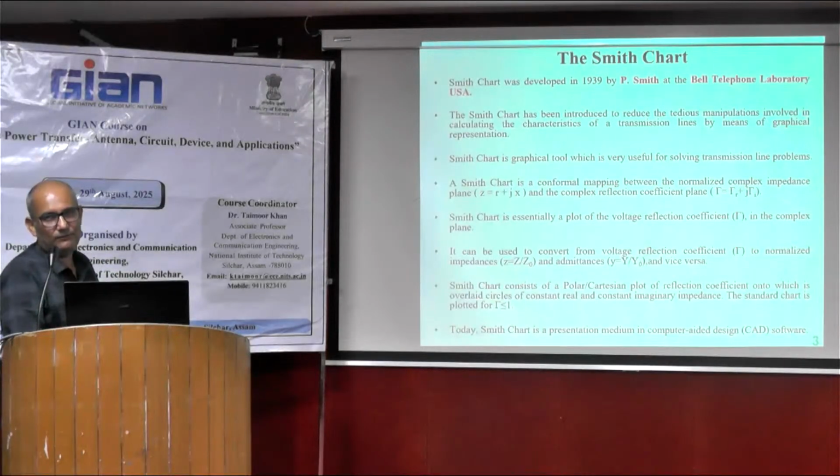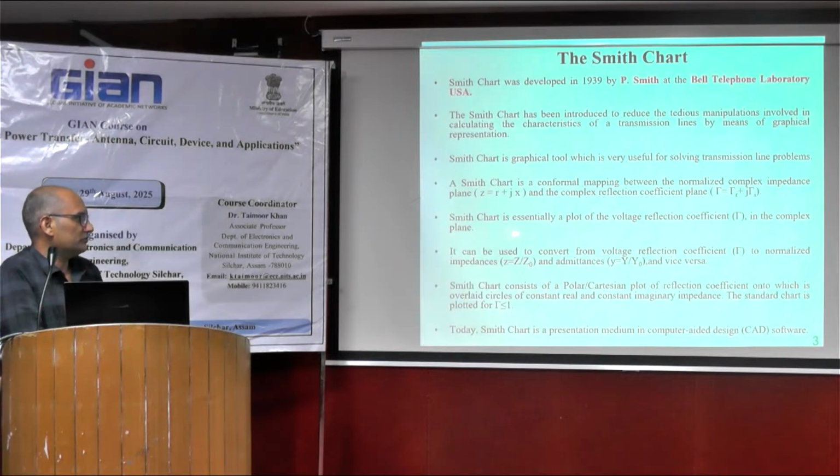The entire complex plane exists between these two values, and in this way impedance will go from 0 to infinity. A Smith chart is essentially a plot of voltage reflection coefficient in the complex plane. It can be used to convert from voltage reflection coefficient to normalized impedance or admittance, or vice versa. Both ways it can be used. It is a more generic graphical representation.